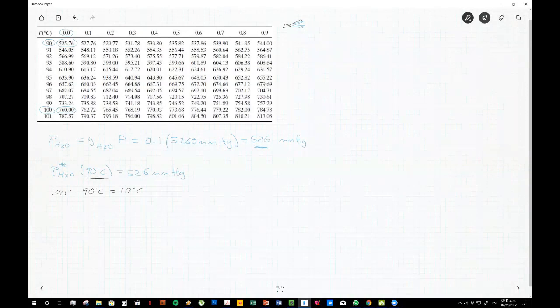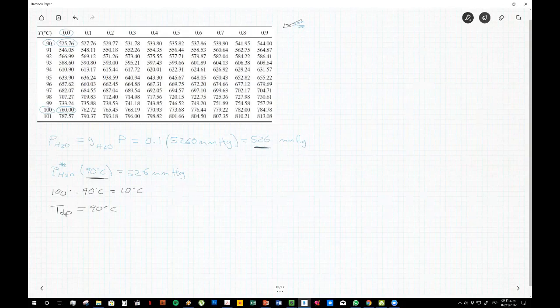right? And the temperature of the dew point, well, if the partial pressure of water, 526, reaches the vapor pressure of water, that means that the system is saturated, and that would be the dew point, right? So the temperature of the dew point is equal to 90 degrees, okay?